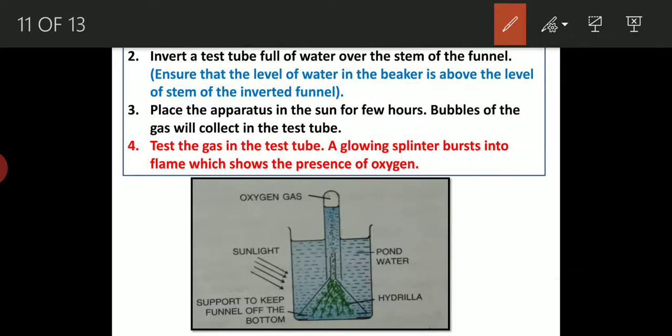That means the water level should be above this funnel, okay? This is a precautionary method. Often a question comes like, state one precaution during this experiment. So this is that precaution, that we need to ensure that the level of the water in the beaker is above the level of the stem of that funnel, okay?